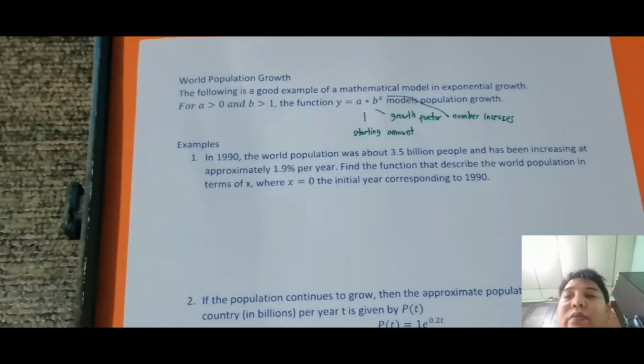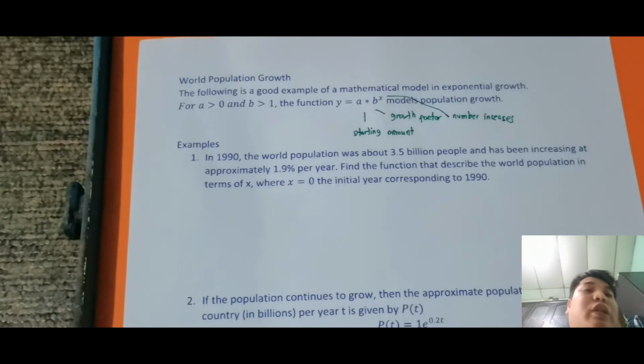So how exactly? Number 1: In 1990, the world population was about 3.5 billion people, and has been increasing at approximately 1.9% per year. Imagine, every year we gain 1.9% per year.